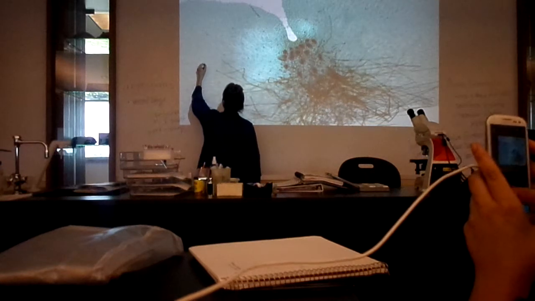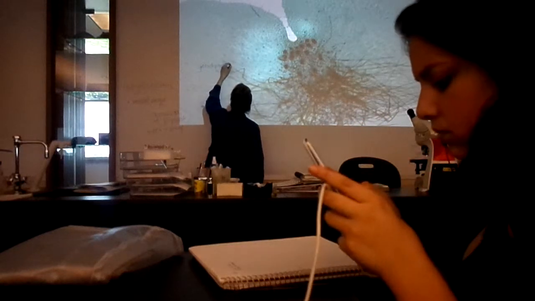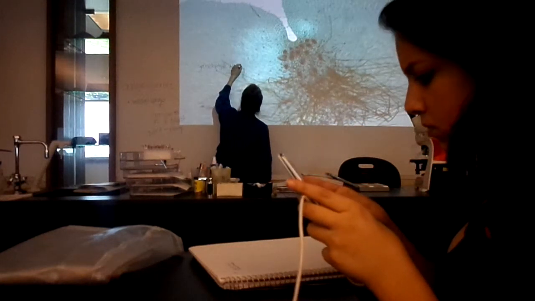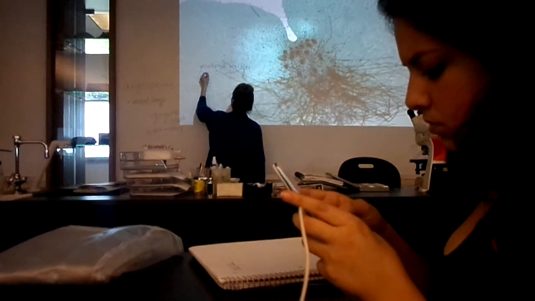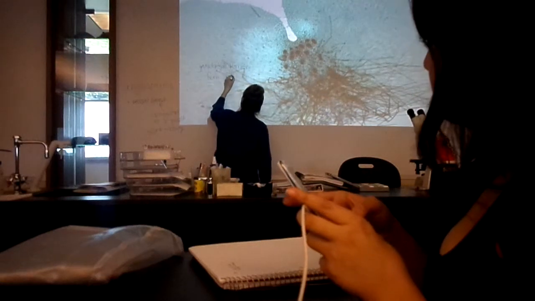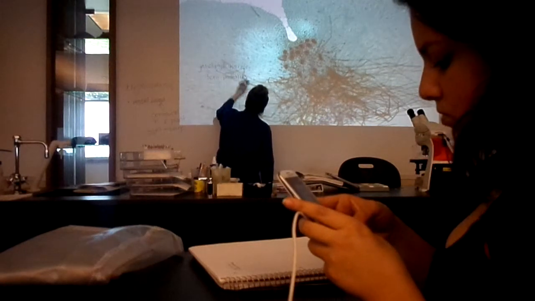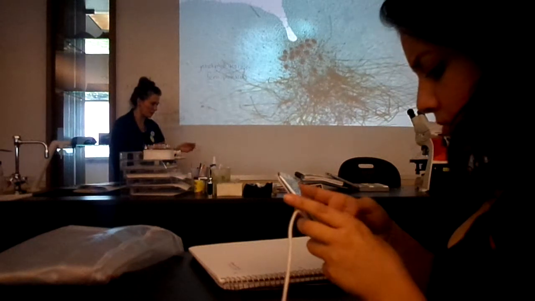What does the gametophyte generation make? Gametes. This whole gametophyte generation that I'm looking at right here is called the fern prothallis. That's what we call the gametophyte generation of a fern.